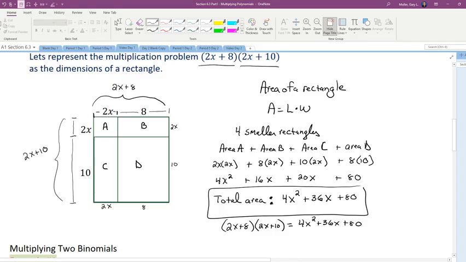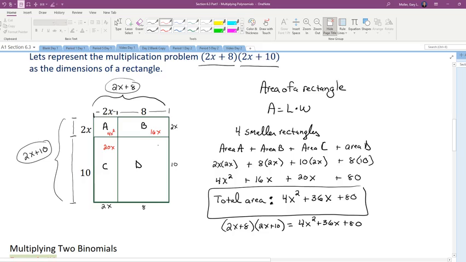Because the area of the whole thing is simply length times width. And we know that the area is all those little pieces added together, which we have just found. And so we have our 4x squared piece. We've got our 16x piece. We've got our 20x piece.